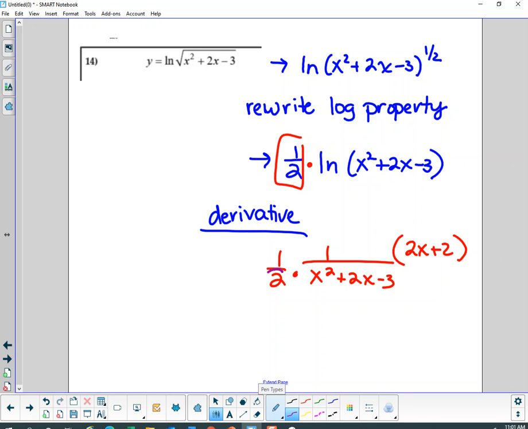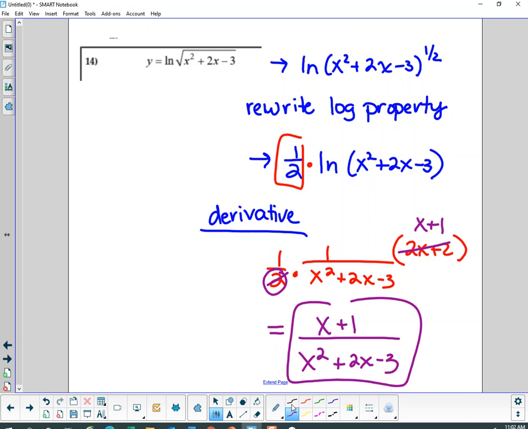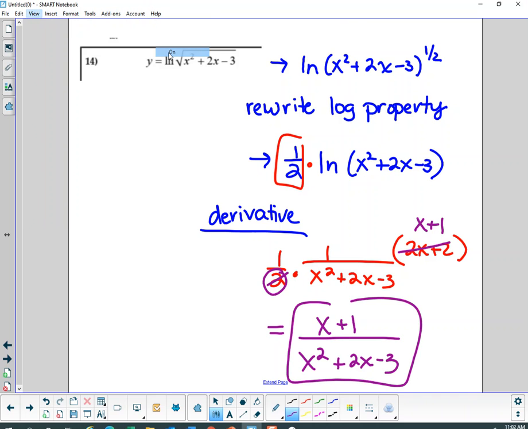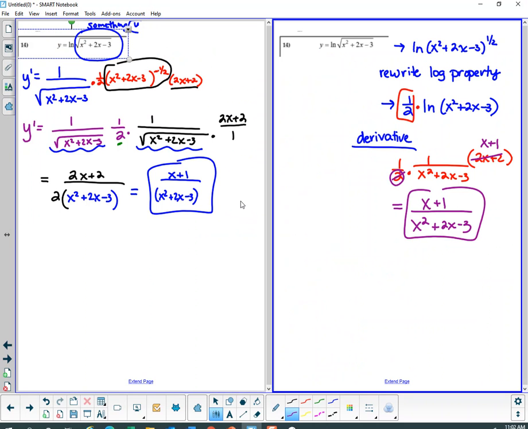And then I could divide a 2 out of this, and I'm ending up at the exact same derivative expression with a slightly easier path.